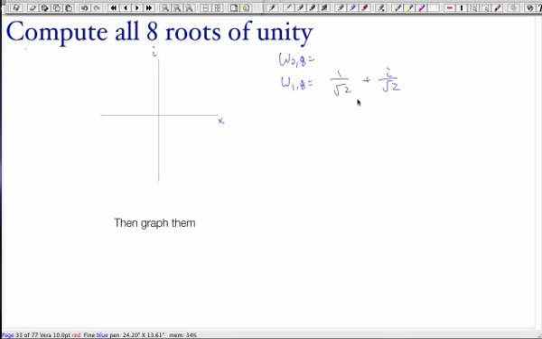Let's say 1 is right over here. Then I'll do 1 over square root of 2, which is 1 over 0.7, somewhere here. And then it's right about there. This is also I. So this right here was omega 1 comma 8. On the handout, please, with your neighbors, try to graph the rest of them.